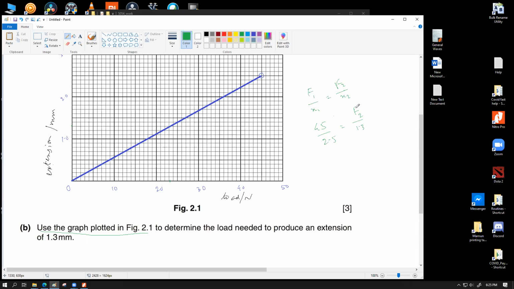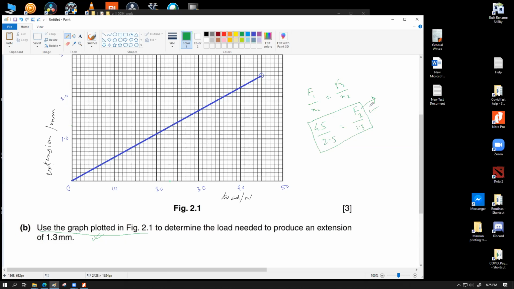This is also a logical way to solve this problem, but this is not what the question asked us to do. The question asked us to take the reading from the graph. So people who attempted this and found an answer were only given the mark if the calculated answer exactly matched their graph.